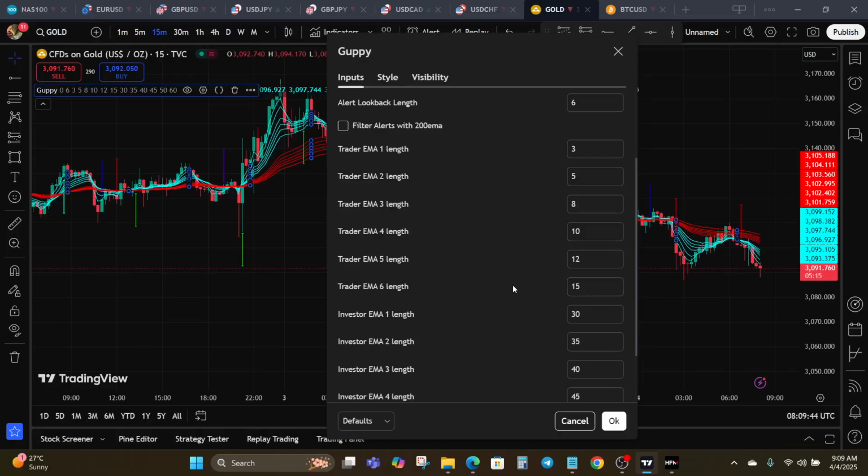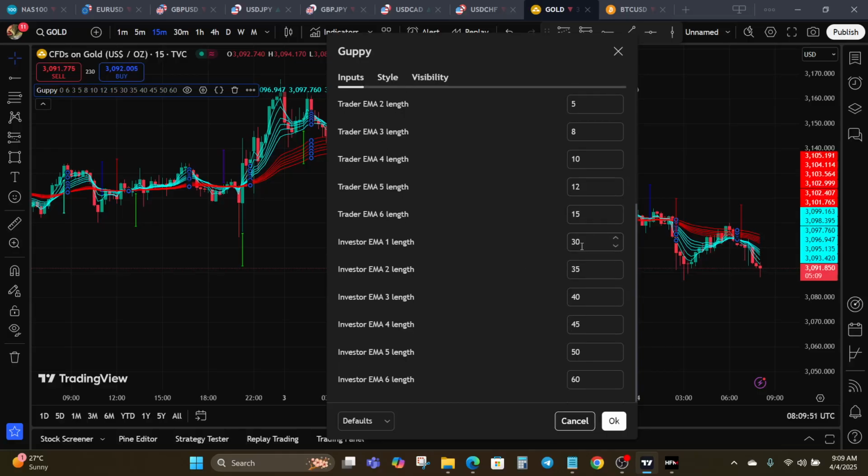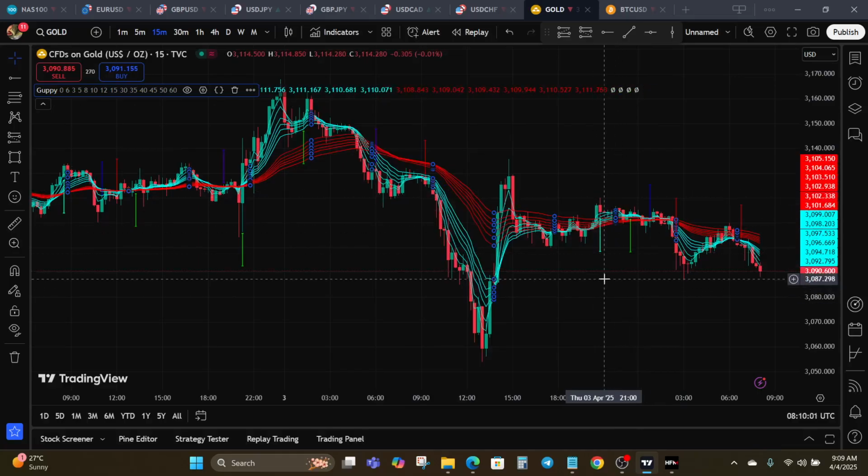These are the fast lines that respond quickly to price changes. Then the long-term EMA is typically 30, 35, 40, 45, 50, and 60, move slower and reflect long-term interest.